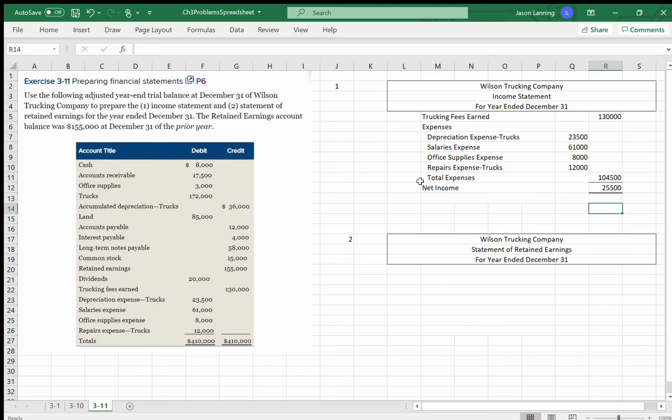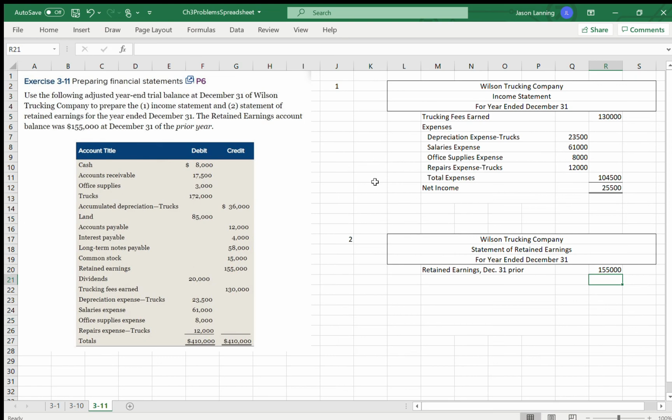So now we need to look at statement of retained earnings, and it tells us that the prior year we had $155,000 in retained earnings, and we always start with what we began with: retained earnings, December 31st, I guess it's prior year, we'll just put prior, and that amount, again, was $155,000.